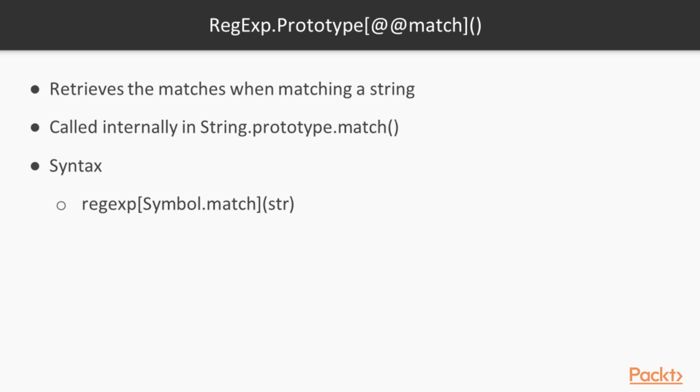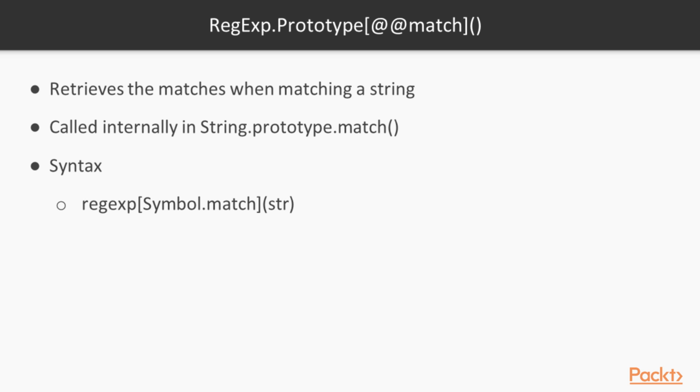Now let's take a look at the new methods added to the RegEx object. First up is the match method. This retrieves the matches when matching a string. Basically, this is called internally in string.prototype.match. So basically what we're saying is the regEx.prototype@match is a method which is internally used during string.prototype.match.